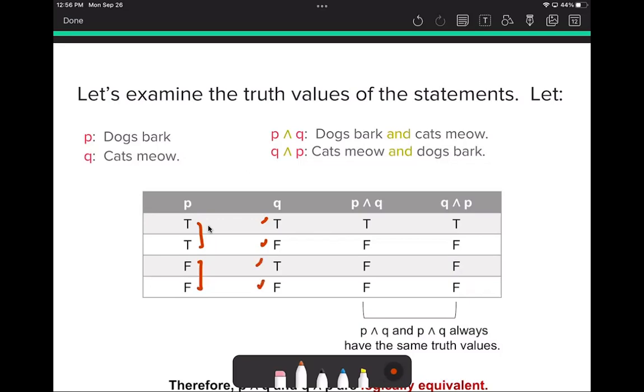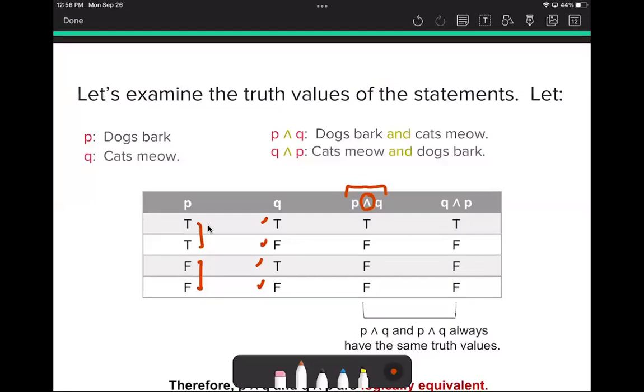Now, let us examine the truth values of P and Q. Okay, so by the definition of the conjunction operator, it will only be true if both statements are true. Okay, that means that if P is true and Q is true, then P and Q will be true. Otherwise, false.